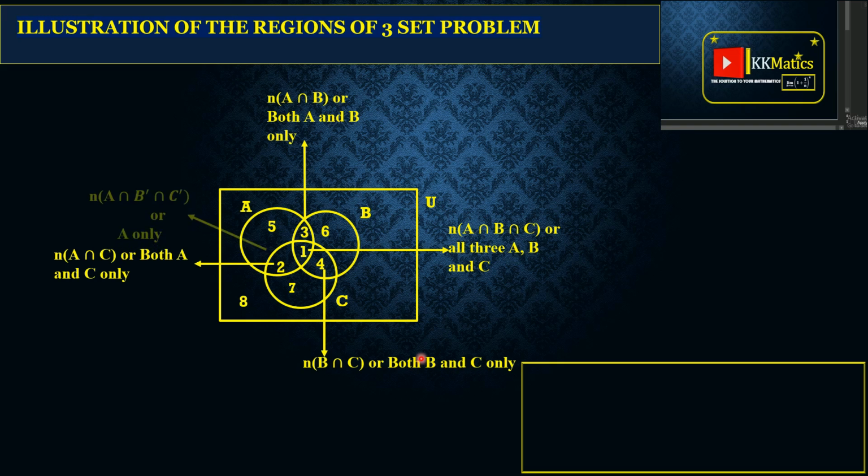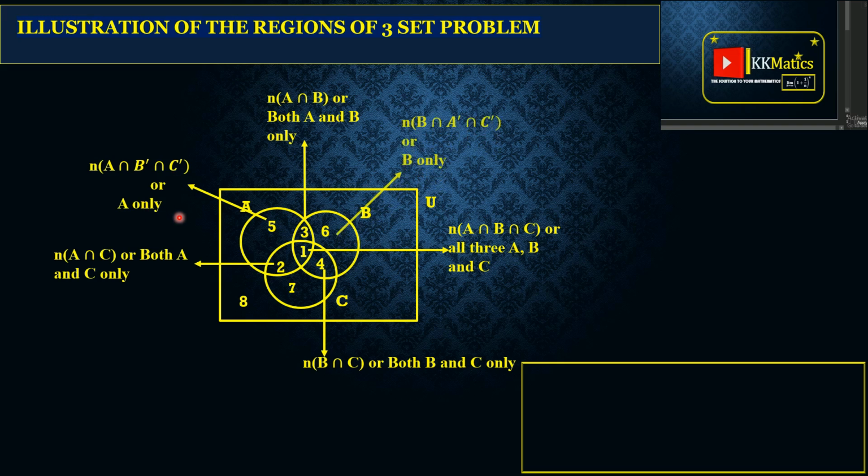Now the next one is region 5, which is talking about A only, which means the number of elements in A intersection B complement intersection C complement. These elements have nothing to do with B and nothing to do with C, and it's also called A only.